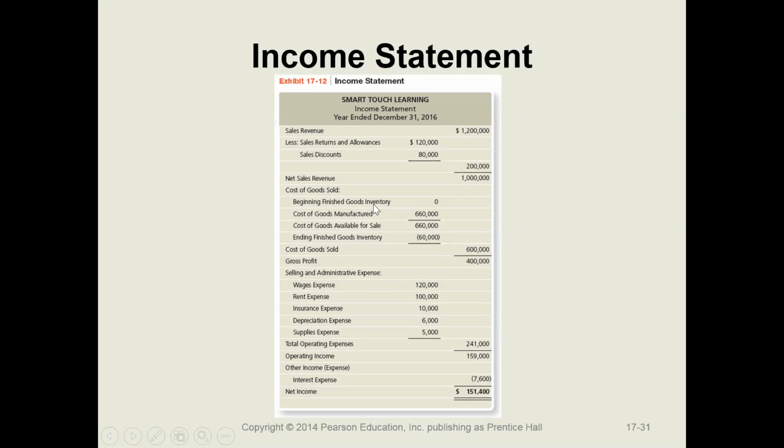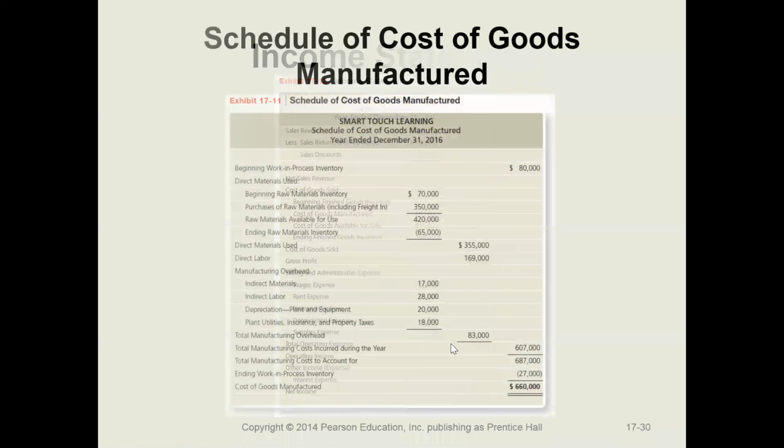So whatever goods you finish but haven't sold yet by the end of the period is finished goods inventory. So whatever inventory you still had on hand at the beginning of the period is added to cost of goods manufactured. And as you remember, we got that figure from our schedule of cost of goods manufactured on the previous slide. Here's the 660.